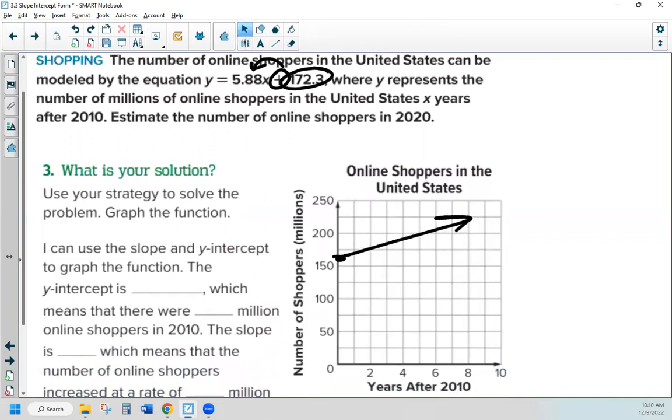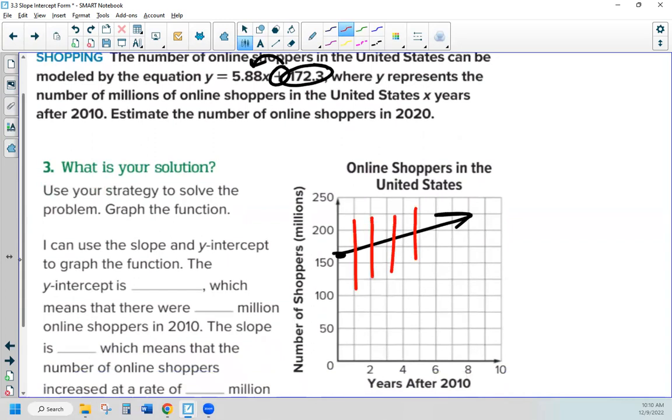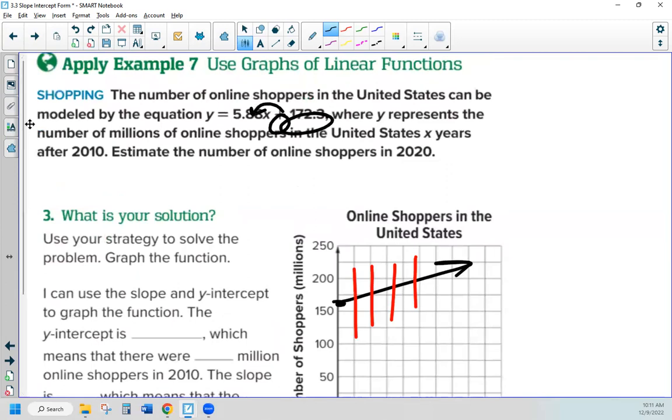Now, this is a function. A function passes a vertical line test. Why am I telling you all this? Because we can actually write the equation that's given to us in the problem as 5.88 every year after 2010, plus the, I wrote too big.